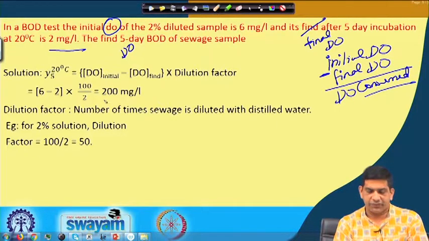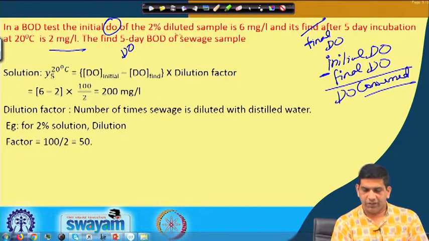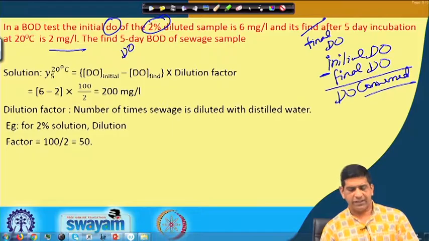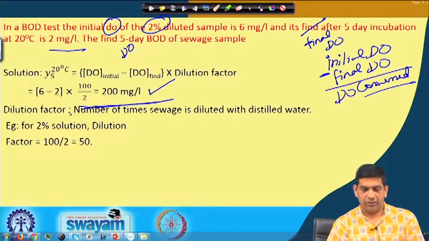So 6 minus 2, then 100 divided by 2, because the initial DO is for the 2% diluted sample. 2% means 2 ml of wastewater and 98 ml of dilution water, so that is 2 out of 100. So we get 200 milligrams per liter as the value for BOD 5.